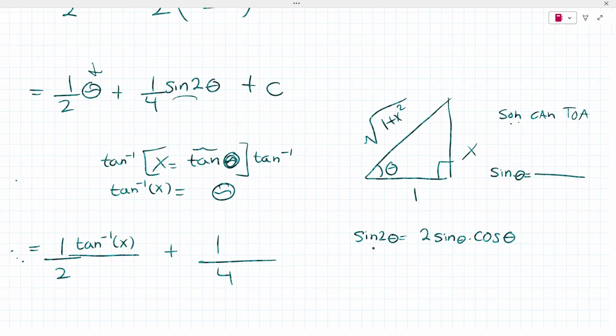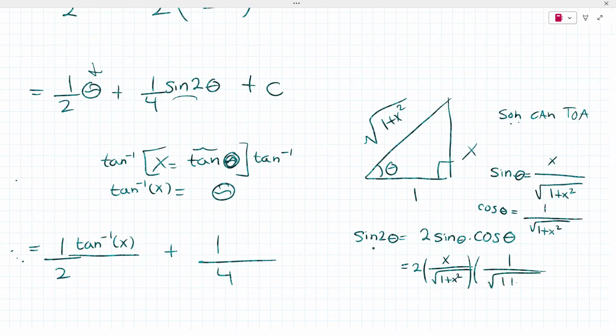Here's theta. Opposite is x. Hypotenuse is the square root of 1 plus x squared. And then cosine theta is adjacent over hypotenuse. Adjacent is 1. Hypotenuse is the square root of 1 plus x squared. So sine theta is x over the square root of 1 plus x squared. Cosine theta is 1 over the square root of 1 plus x squared.